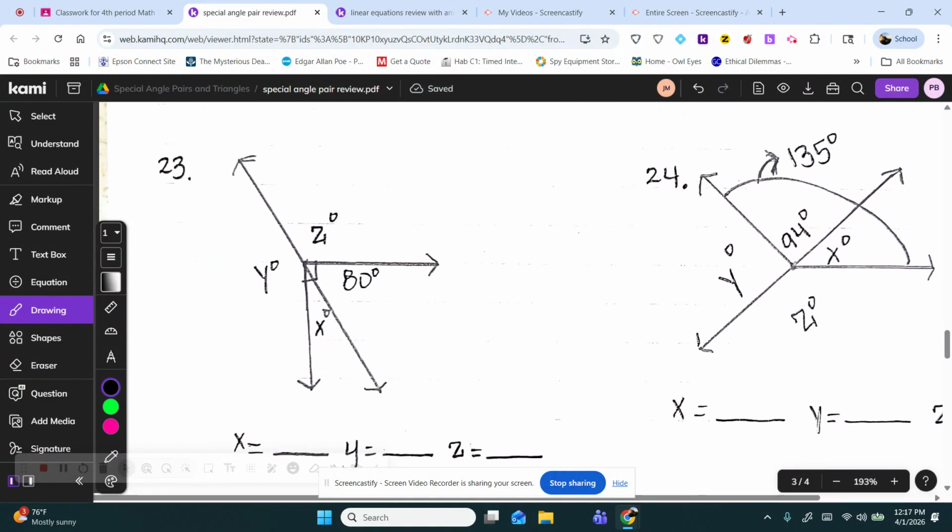All right, let's take a look at 23. On 23, the easiest thing to do is this portion here, because I see an L shape, and an L shape is automatically a 90-degree angle. So these two make 90 degrees. To figure out x, I just take 90 and subtract 80, and I can tell you x is 10 degrees.